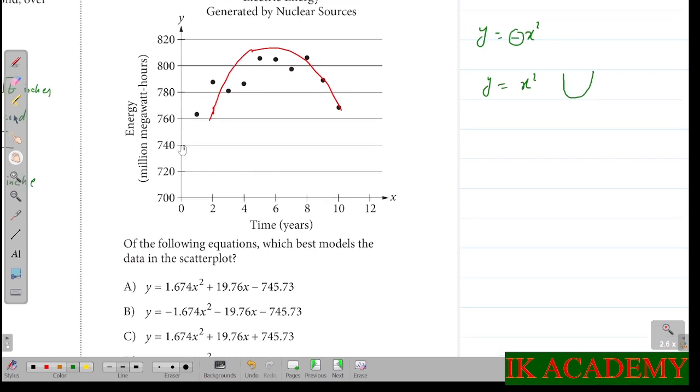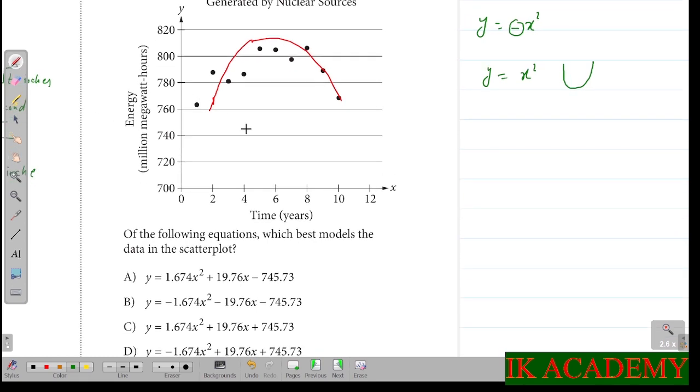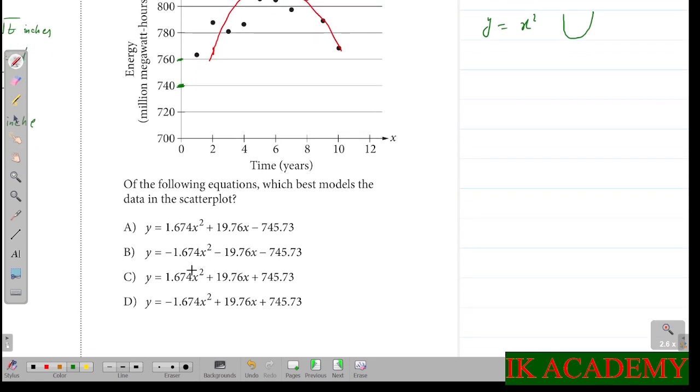So next thing we want to know, based on the given information, the y-intercept of the function should be in between 760 to 740 if x is equal to 0. So in between 760 to 740, it will be a positive number, not a negative number. So in option D, we have 745, which is in between 760 and 740.